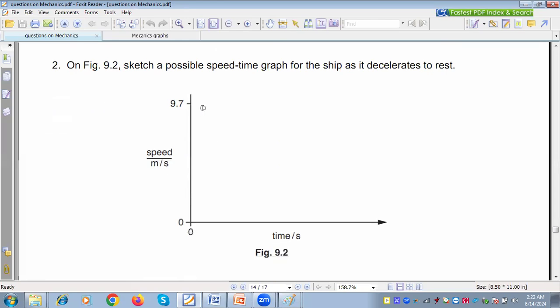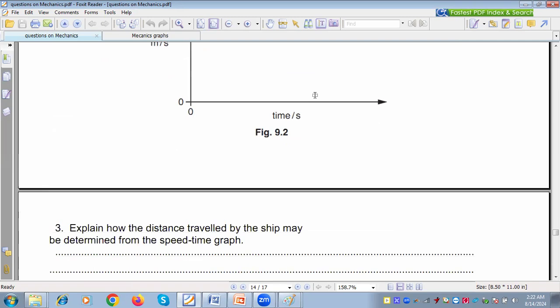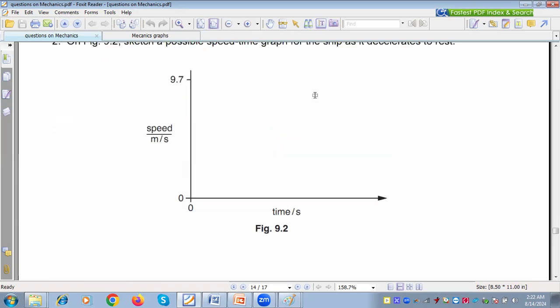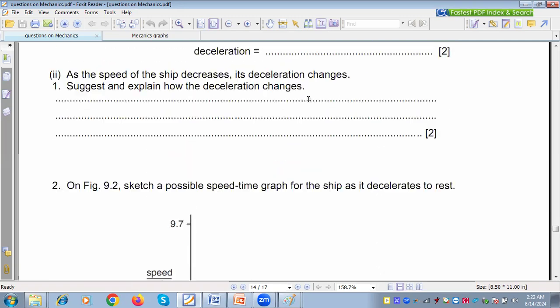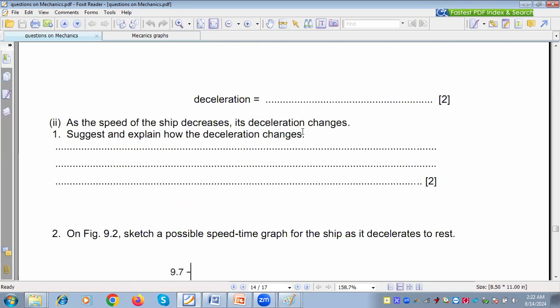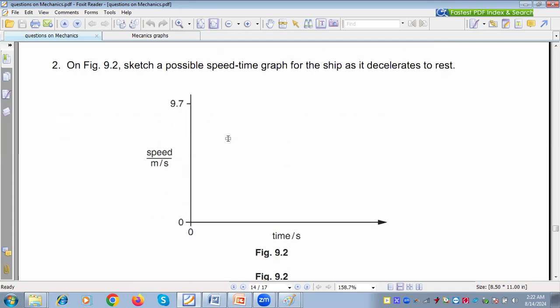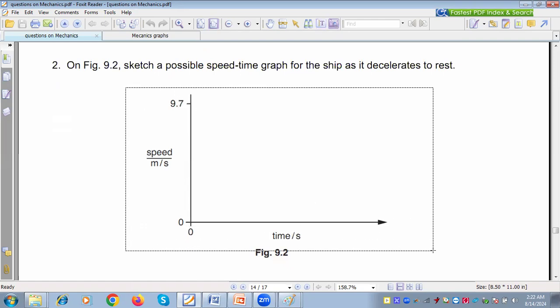In this, you have to sketch the graph for the ship as it decelerates to rest. So in the beginning, what was happening? The deceleration is decreasing. Okay. So it means the shape will be what? It will not be constant deceleration.